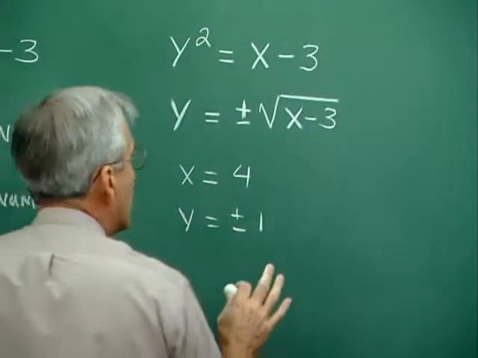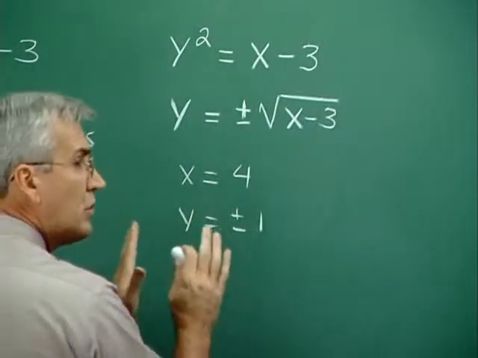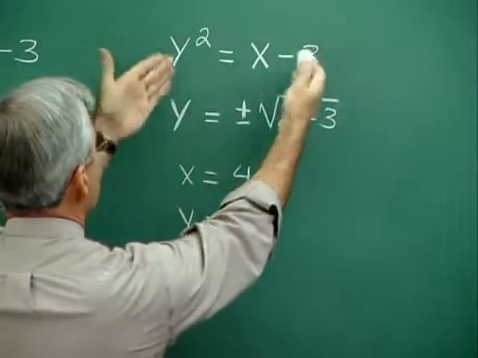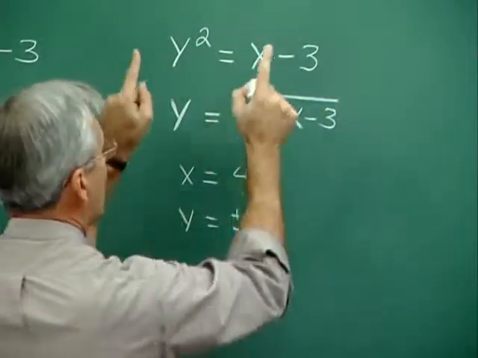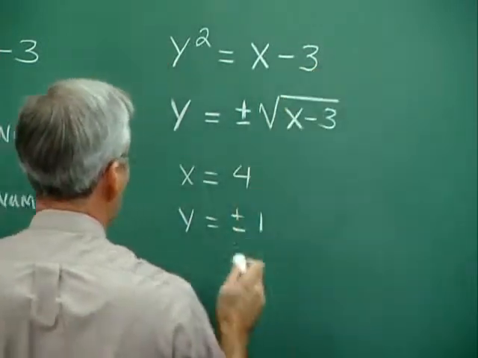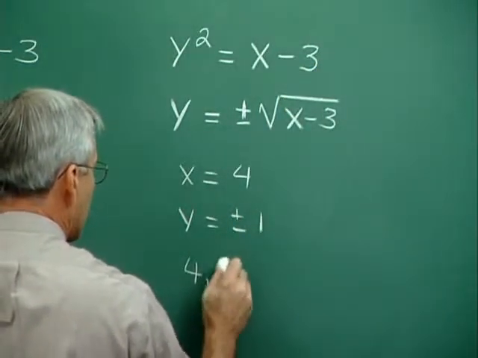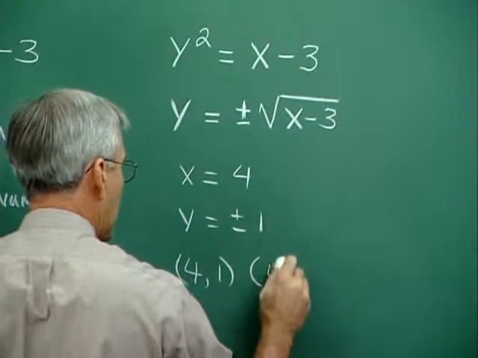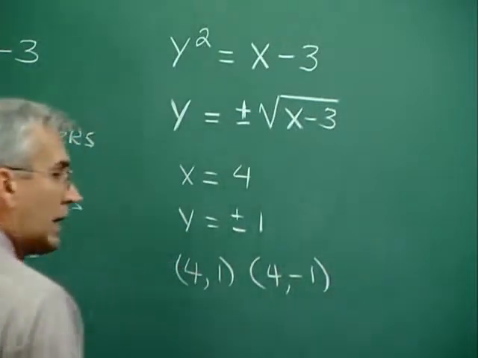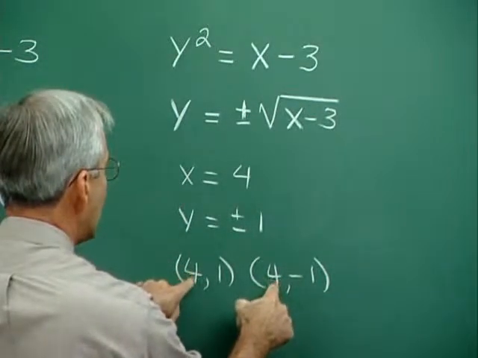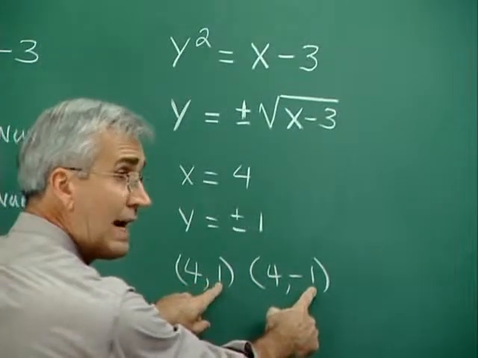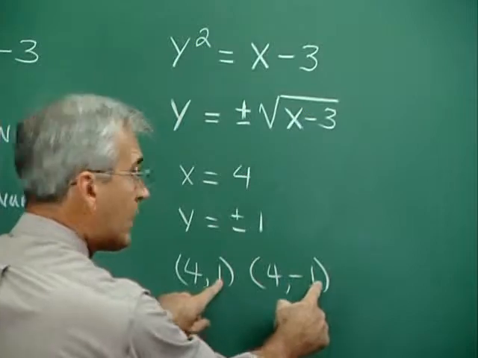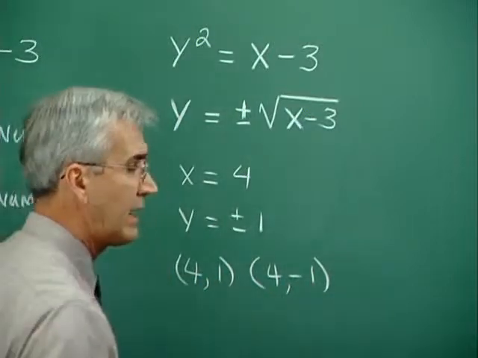So it means then that two solution points associated with this equation, two coordinates that cause this to be true, are (4, 1) and (4, negative 1). It means for a single value in the domain, there is more than one value in the range associated with it. So here, y is not a function of x.